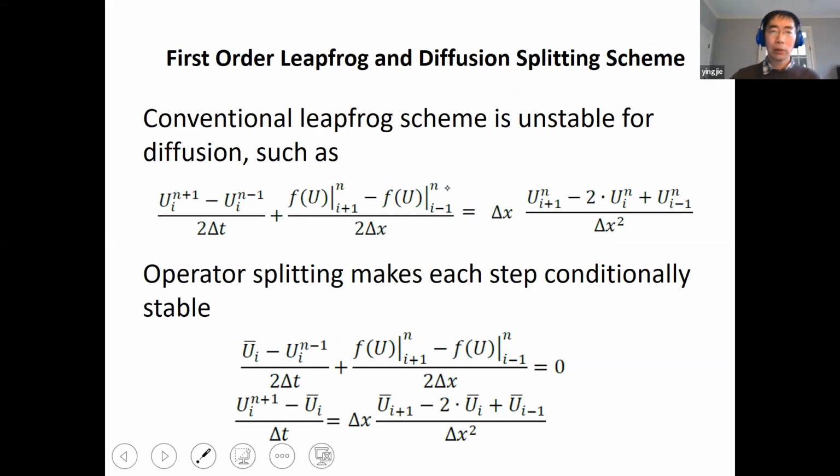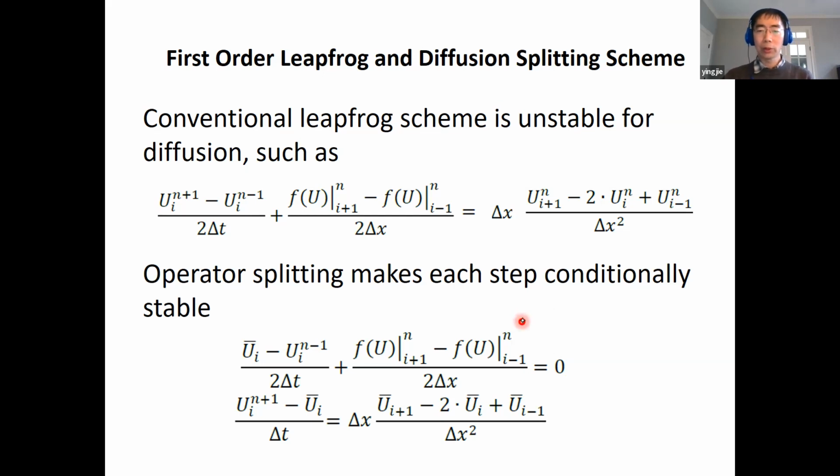And then we further modify the schemes for computing inputs. We know that this leapfrog scheme is unstable for diffusion, so can we use another strategy? Let's do operator splitting. We do the advection, or convection, part first, followed by the diffusion part second. So we split the scheme into two steps, and then it will be stabilized.